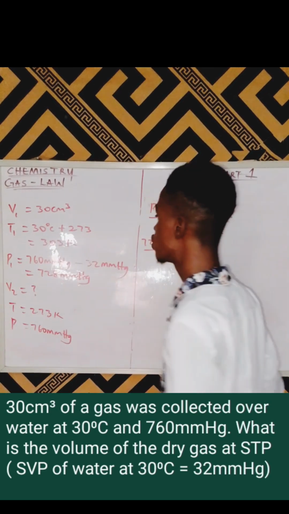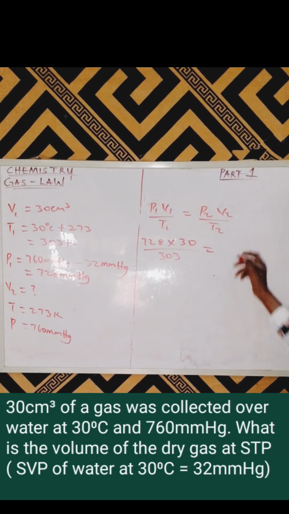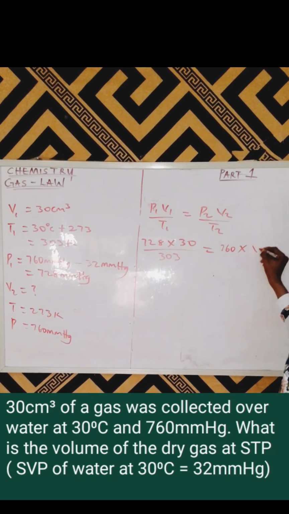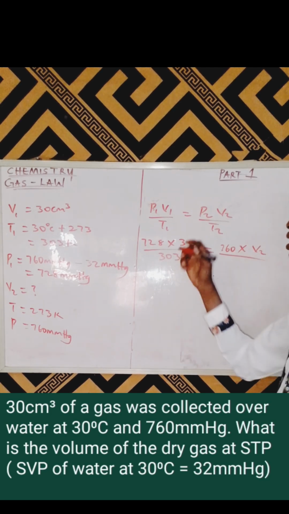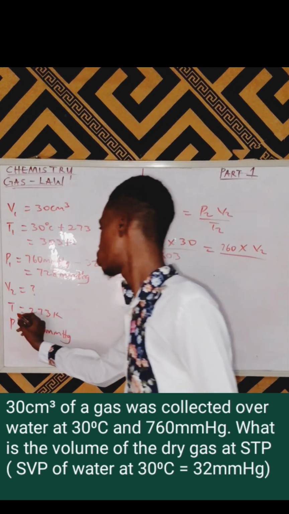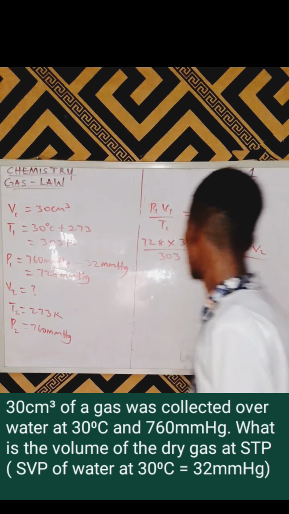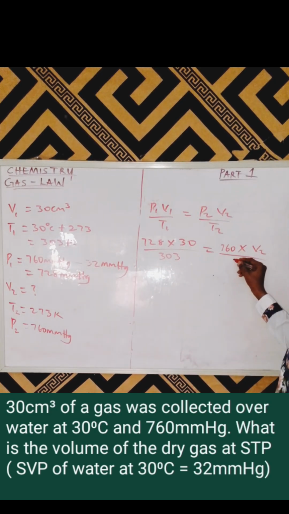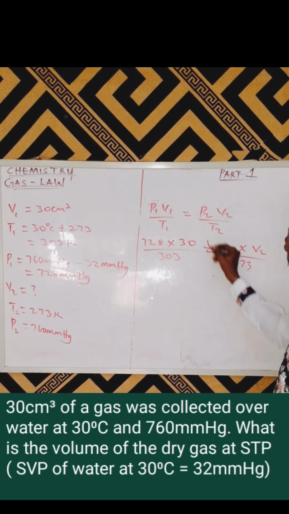That's equal to P2, which is 760, times V2, which is what I'm looking for, over T2. This is T2, this is P2. So T2 is 273, right?